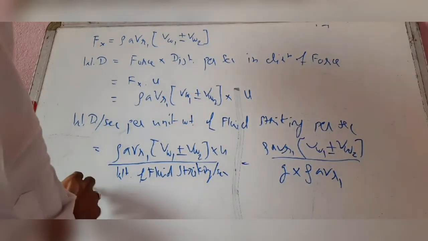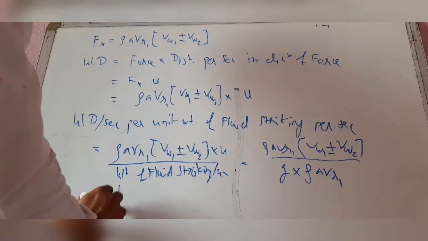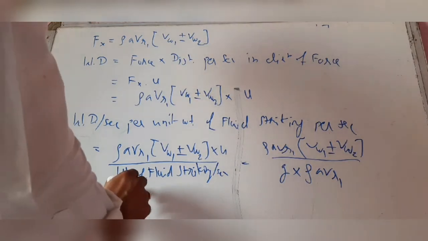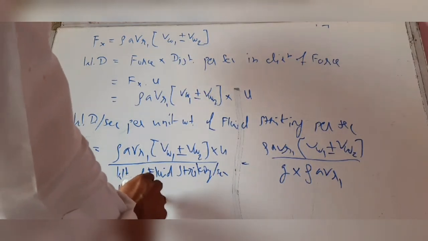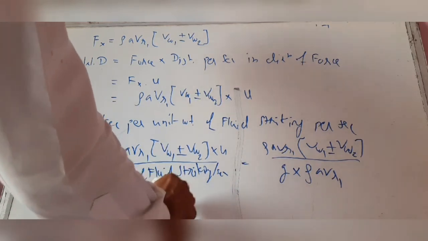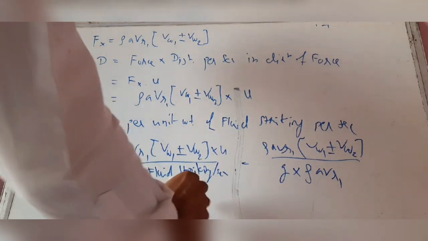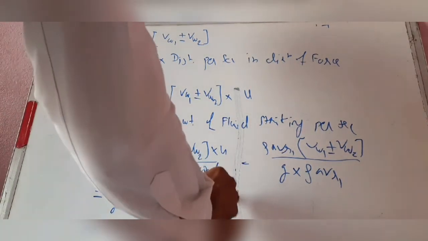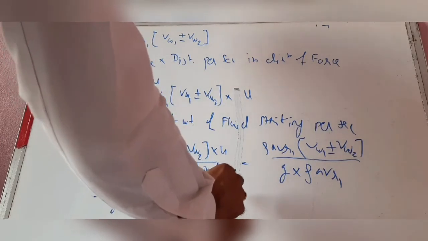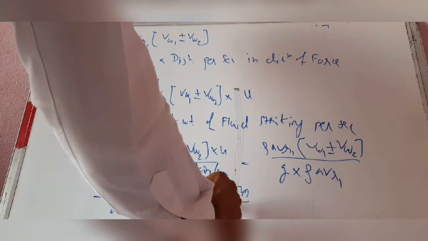So this comes 1 by g, VW1 plus minus VW2 into U, and the unit is Newton meter per Newton.